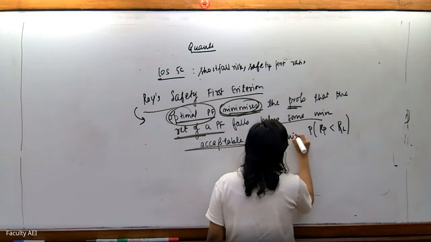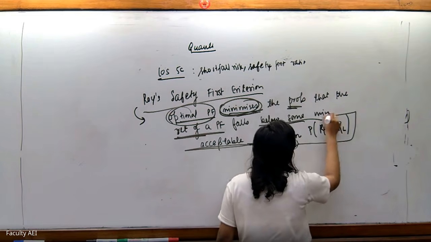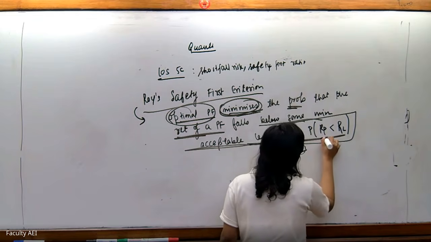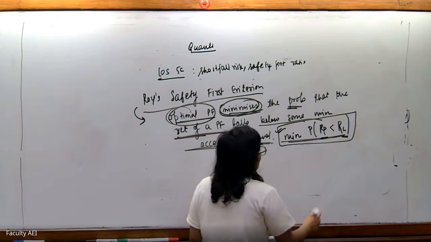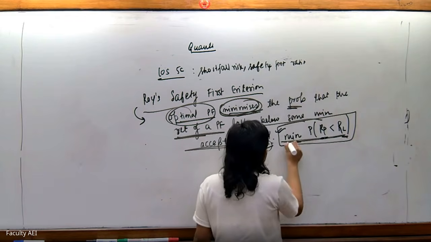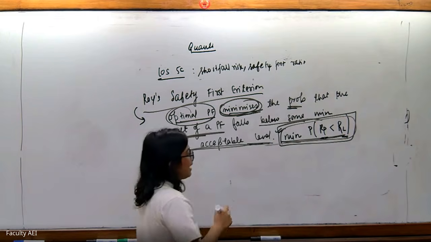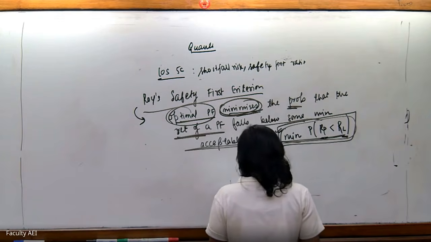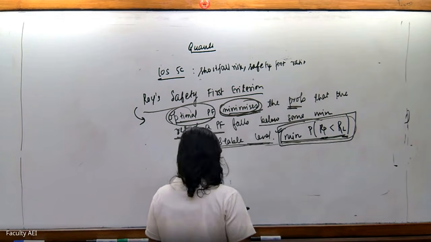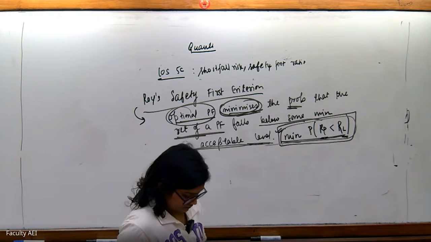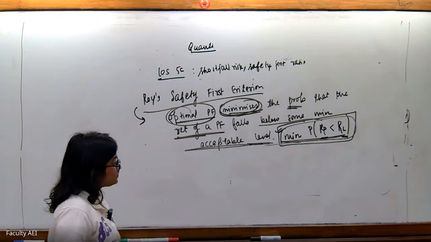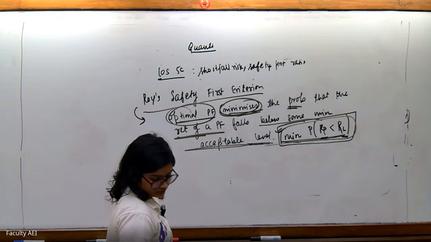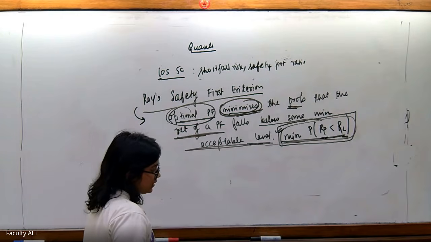Your Roy's safety first criterion tells you that your optimal portfolio will minimize this probability: the probability that the return of the portfolio will be less than the minimum acceptable level. Clear?